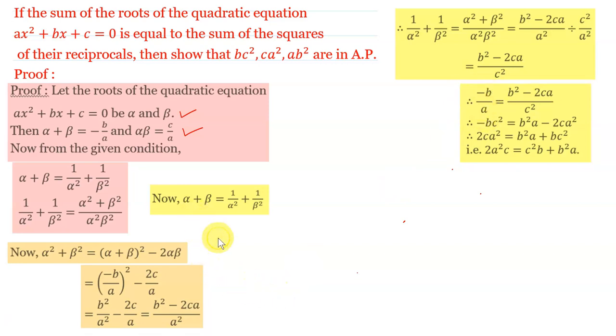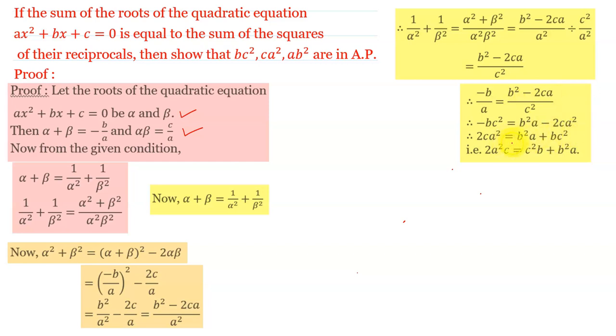Sum of the roots ची आपल्याला value किती मिळाली होती? Alpha plus beta, that is equal to minus b upon a, and 1 upon alpha square plus 1 upon beta square, its value is b square minus 2ac upon c square. Okay, like this. आता पुढे हे simplification करणार. Minus b into c square is equal to b square into a minus 2ca square, like this.